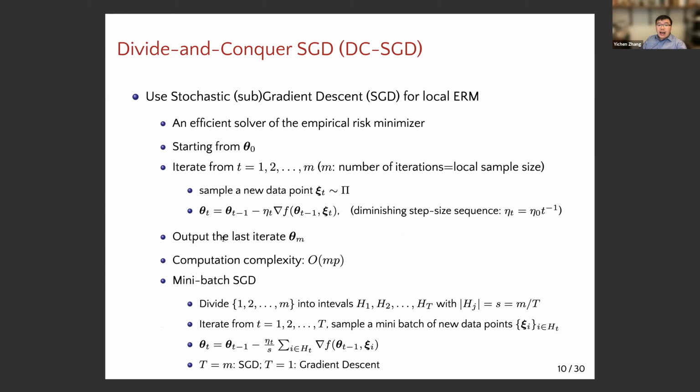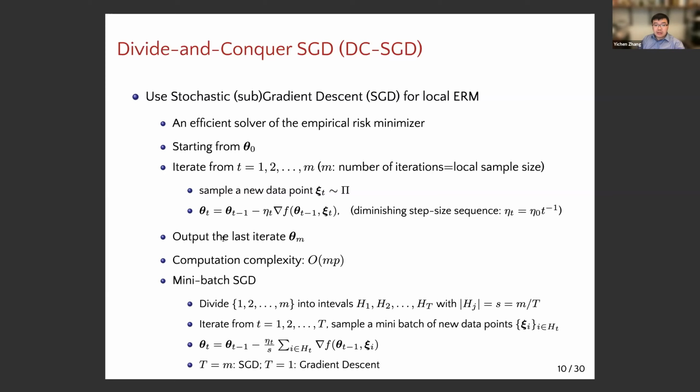We don't have much time now, so I will skip the introduction of stochastic gradient descent here. We just need to know that it is a very efficient solver for the empirical risk minimizer, efficient in terms of computation, not statistically efficient. It just means computationally it is very fast.